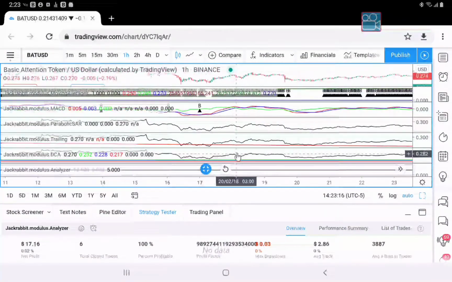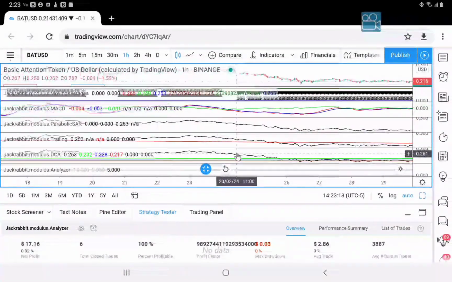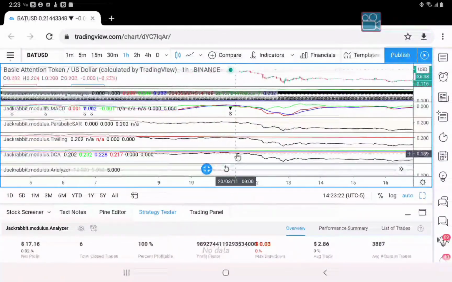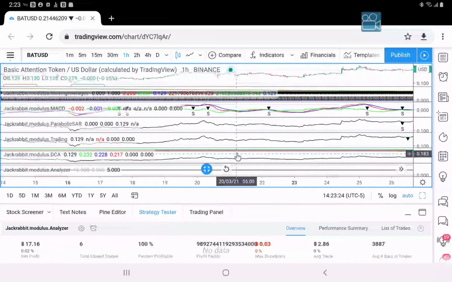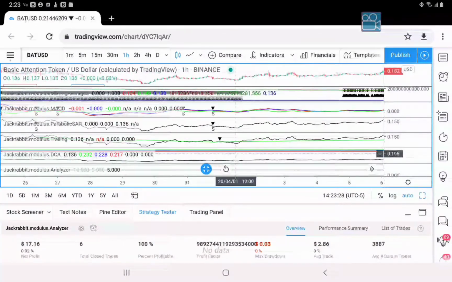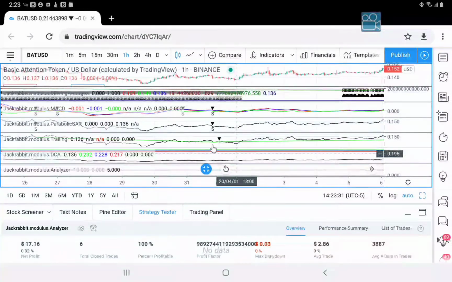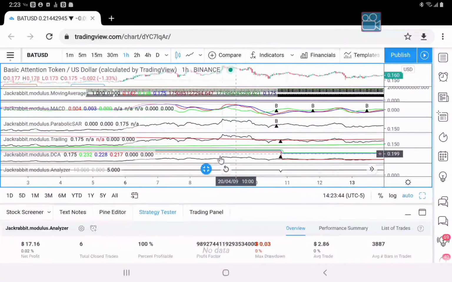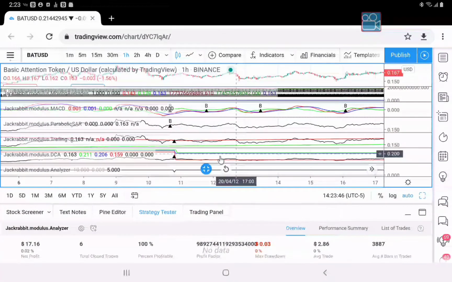Let's see when it actually got out. It got out right here. But here it shows it's still in. So we need to follow this down some more. Okay, it made another purchase and accumulated.